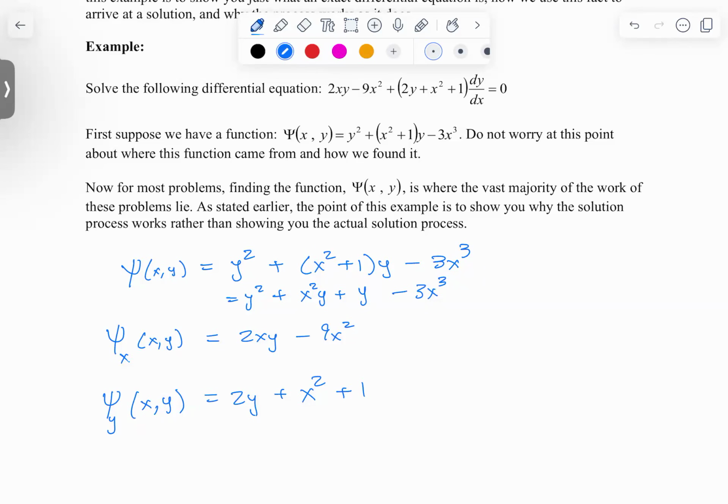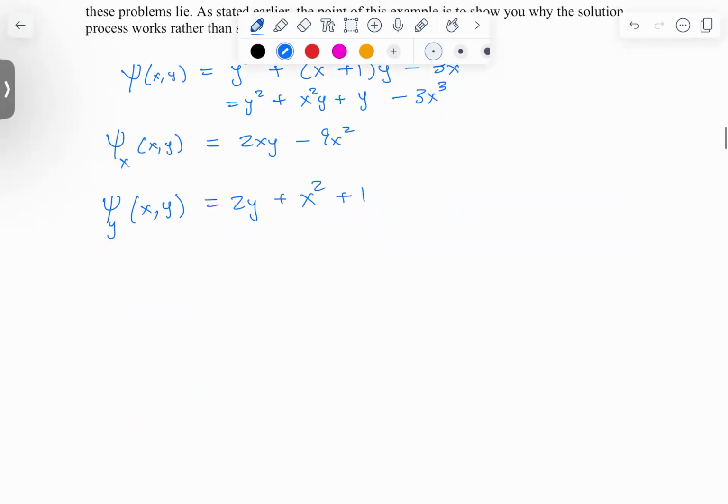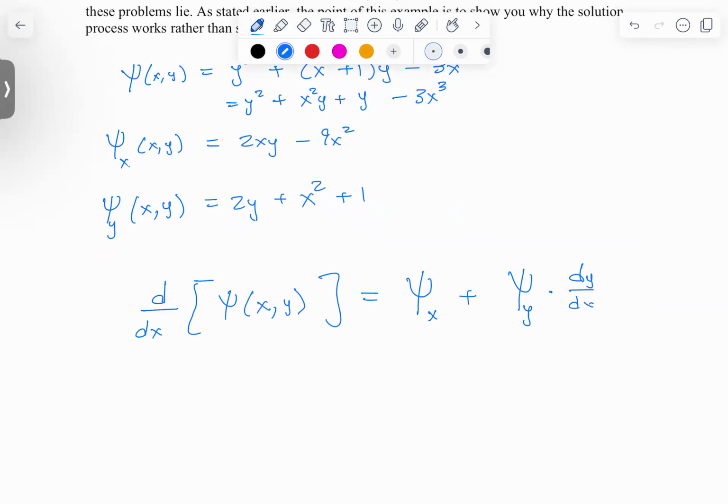Your solution will have the two pieces incorporated because of our favorite little rule: d dx of psi of x comma y equals partial of psi with respect to x plus partial of psi with respect to y times, by the chain rule, dy dx. What rule is this?